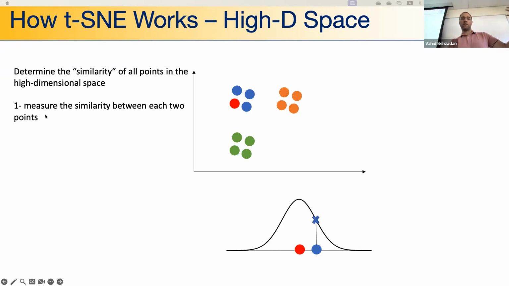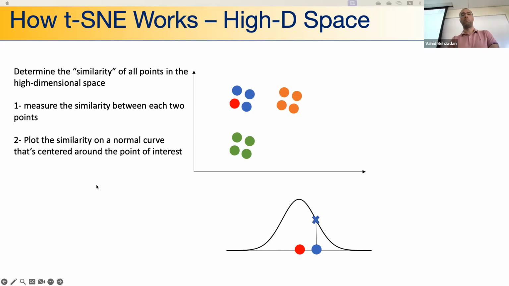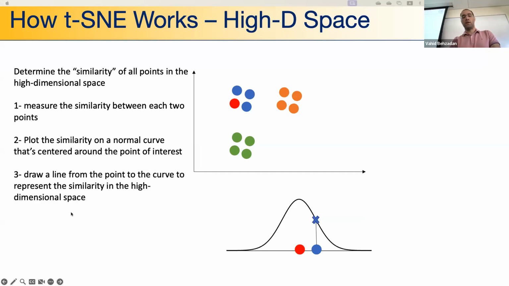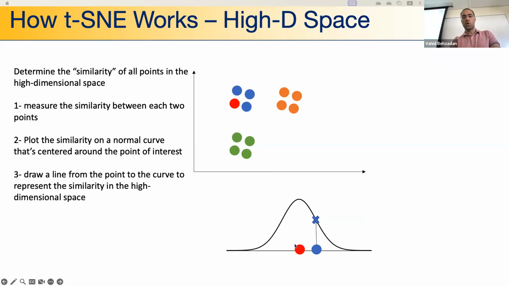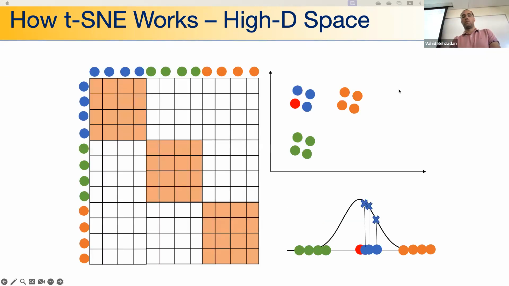We first measure the similarity between all cells to the red one, and then we plot the similarity on a normal curve like this one, centered around the red. And then we just put the different cells on this line here, and draw a line. This line represents the similarity that we have calculated.